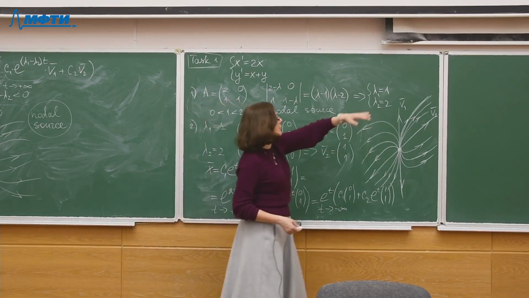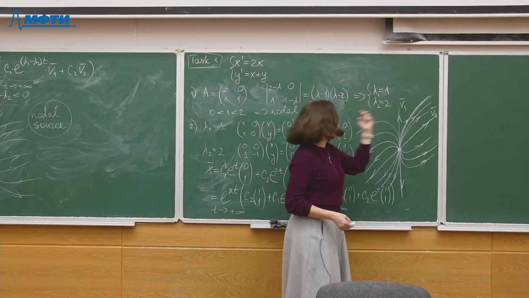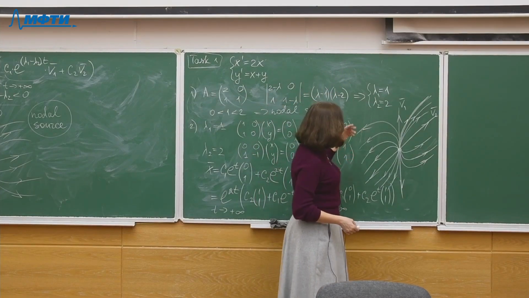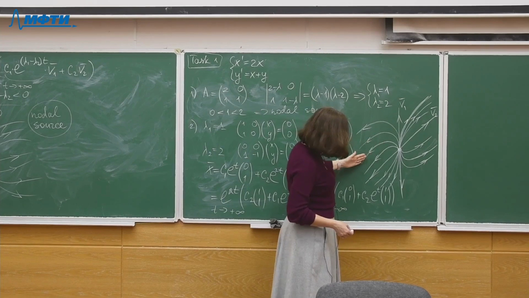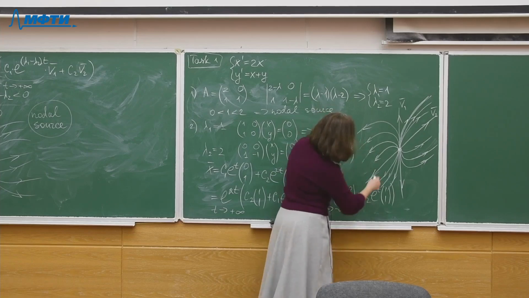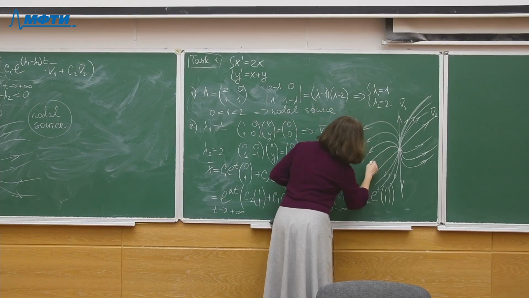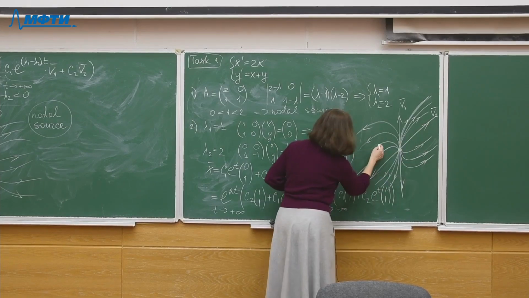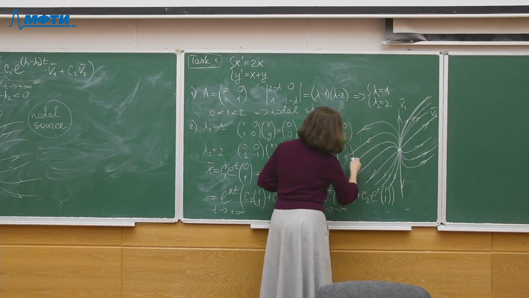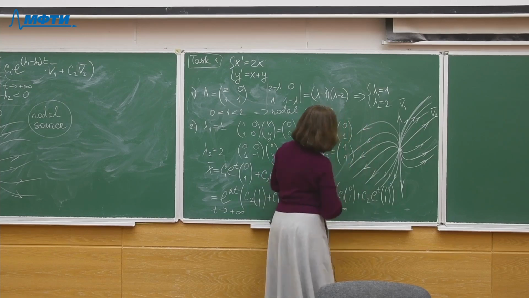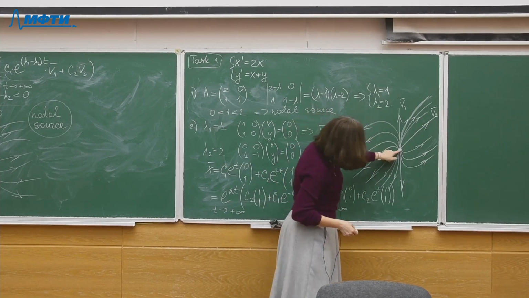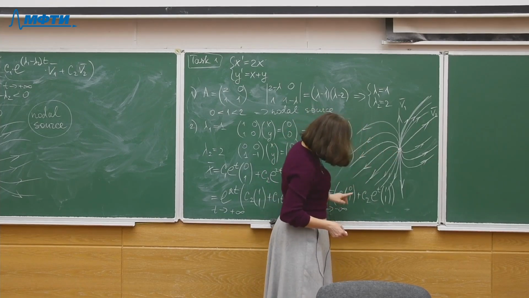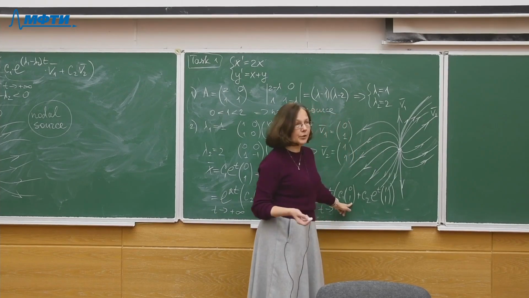So if we are far from the origin, then our phase trajectories resemble that. So they become almost parallel to this straight line. Actually, the figure is like this, but near the origin, this direction is more important, right?